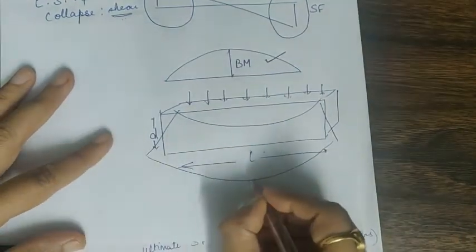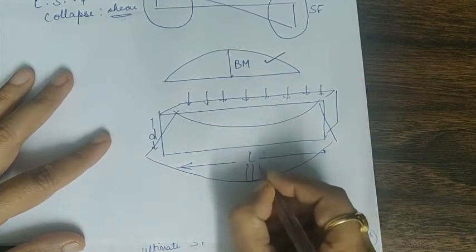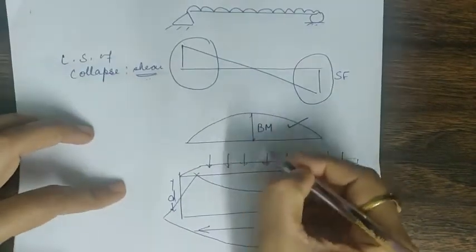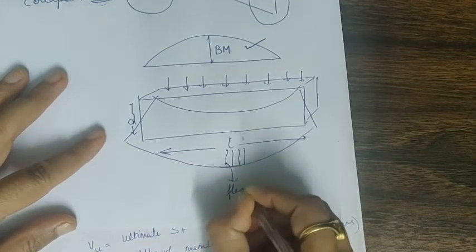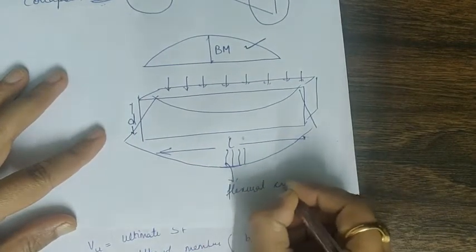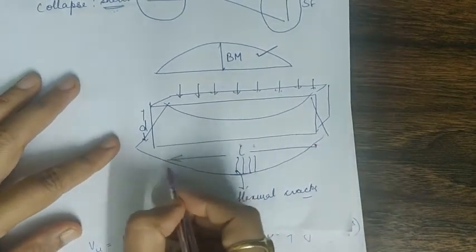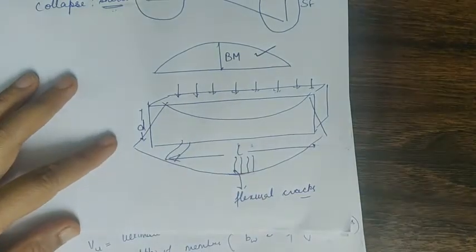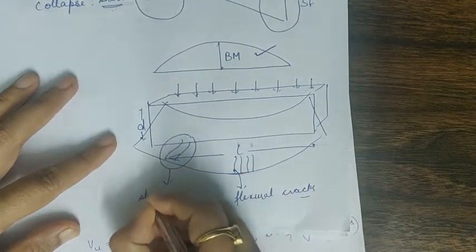So at the center, the beam will primarily have this kind of vertical cracks. These cracks are due to bending moments, so they are called flexural cracks. However, the cracks towards the support are basically diagonal cracks. These diagonal cracks are due to shear.